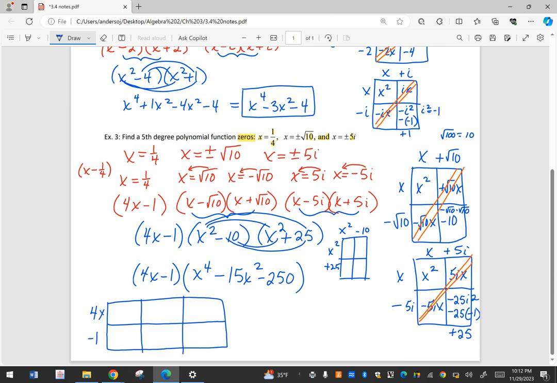4x minus 1, x to the fourth, minus 15x squared, minus 250. And I'm going to distribute all the way through this row to get 4x to the fifth, minus 60x squared, minus 1000x. In this row, I'm going to have negative x to the fourth, 15x.